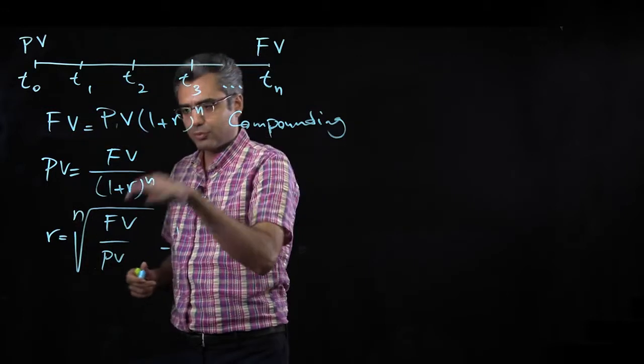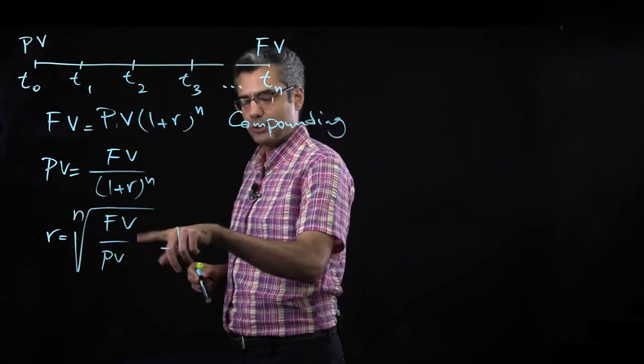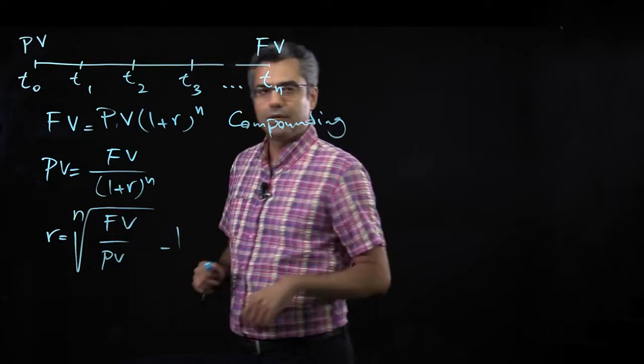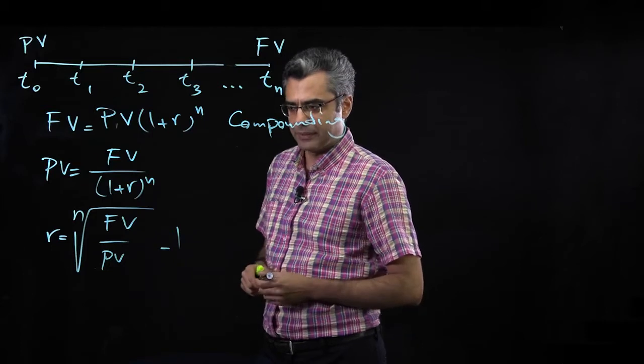So I write the same formula in a way to find R. So sometimes we know the future value, we know the present value, and we know number of periods. So we want to compute the interest rate per period.